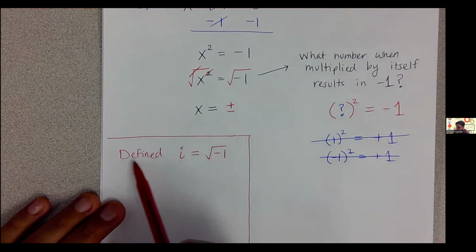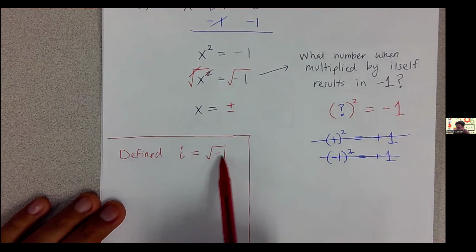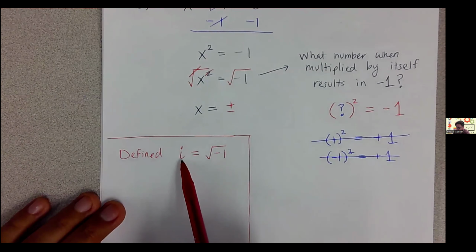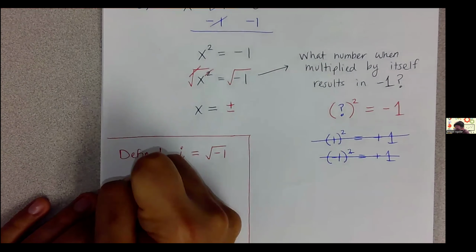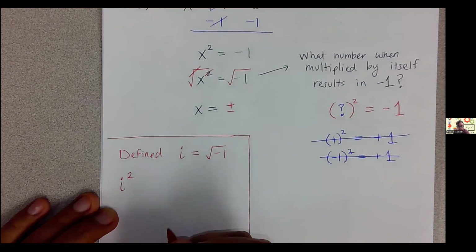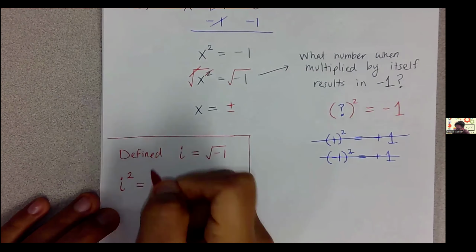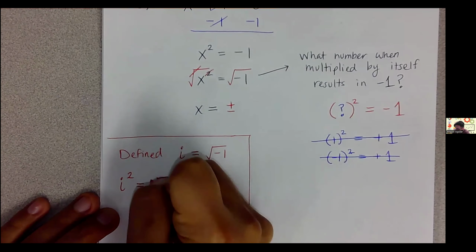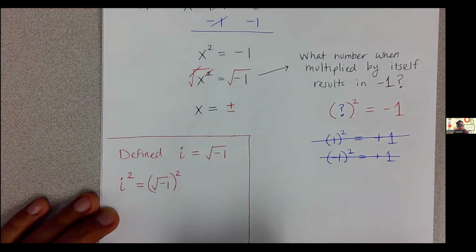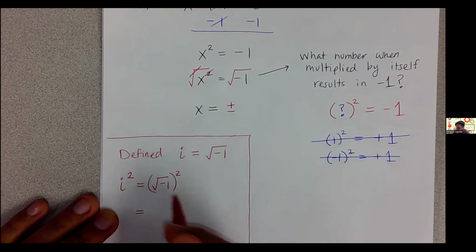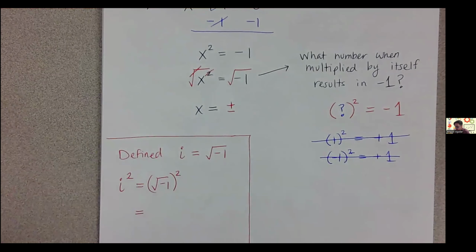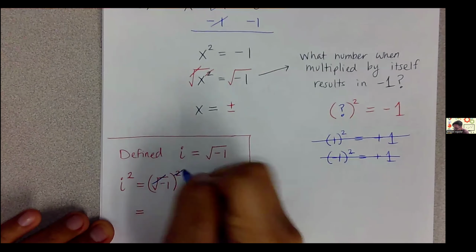They said, okay, let's just call the square root of -1 I. What are the properties of I here? Well, if I have I and I squared it, that would be equal to the square root of -1 squared. If I remember that the square operation and the square root operation are opposites of each other, they should cancel each other out.